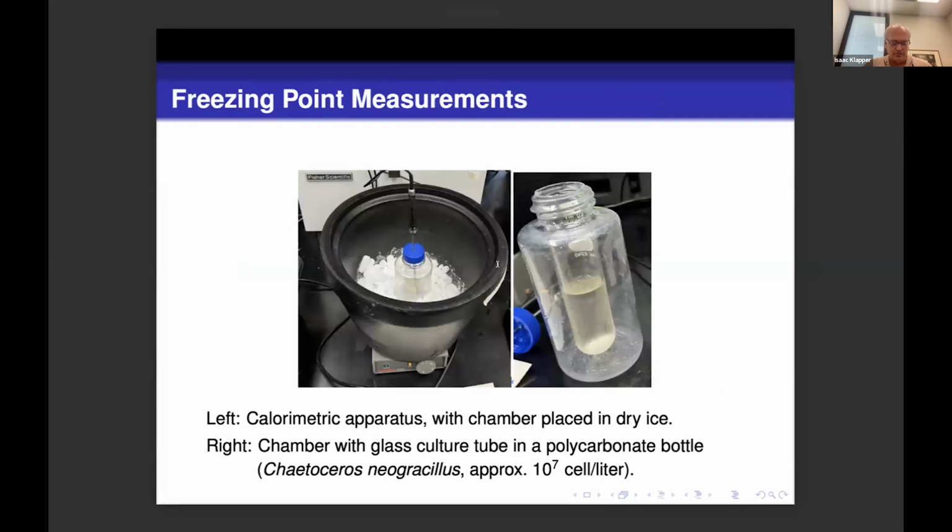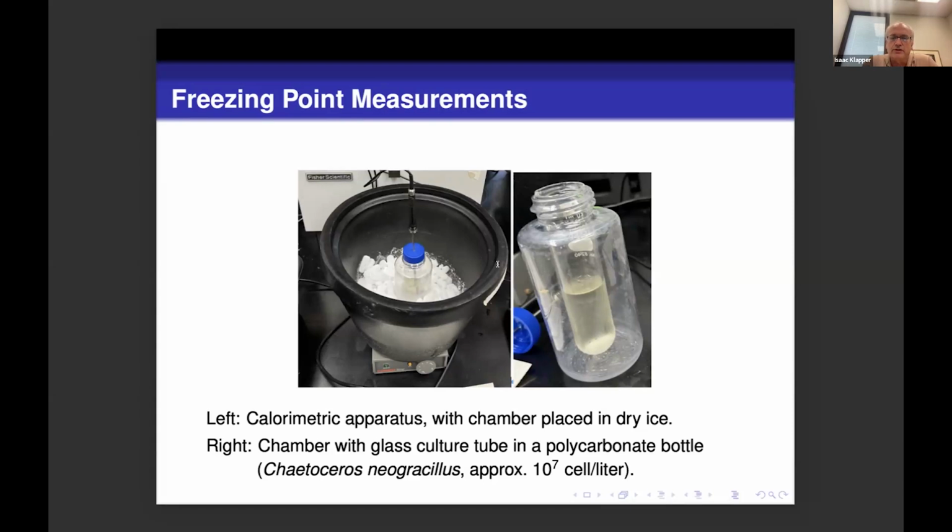Okay, so this maybe should have been the first thing we did, but it's actually sort of the last, which was to go to the lab. And we took some of these diatoms, which I showed before, or well, our friends over in biology did this. We just wanted to measure the freezing point with and without these microbes.